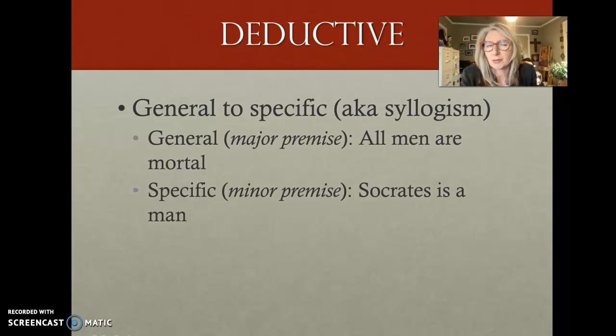Socrates was Aristotle's, or Aristotle was Socrates'... what is the word I want? Not assistant, but someone that he mentored. So Socrates was Aristotle's mentor. There's a better word for that, but I can't think of what it is. So all men are mortal, major premise. Minor premise, Socrates is a man.